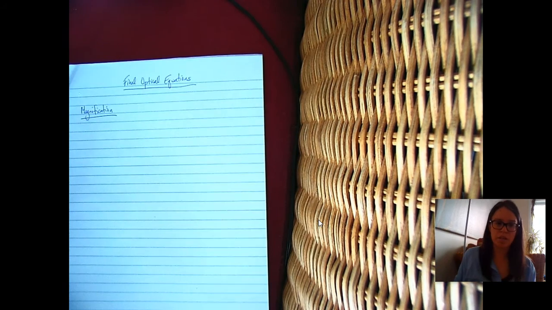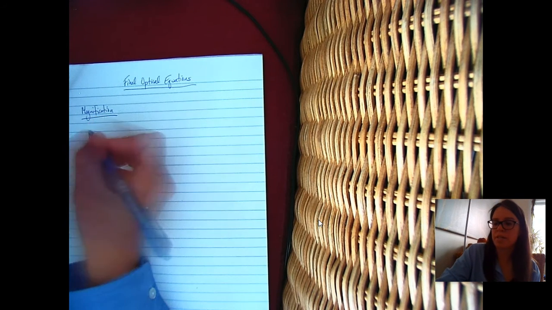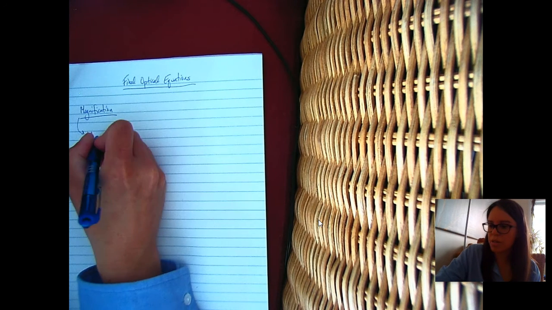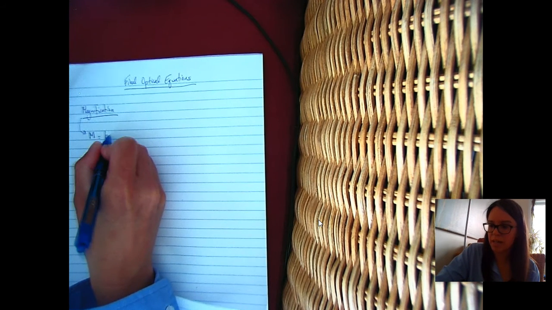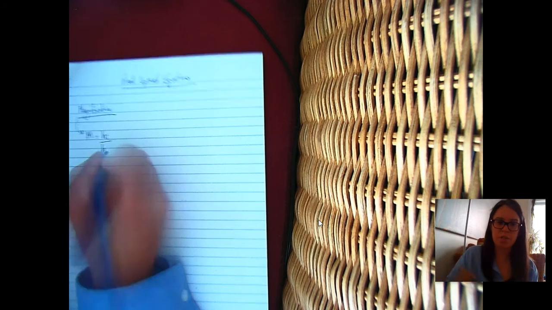A little subtitle there, magnification. The first equation, capital M, is going to stand for magnification in our equation, equals little h with a subscript little i divided by little h with a subscript little o.